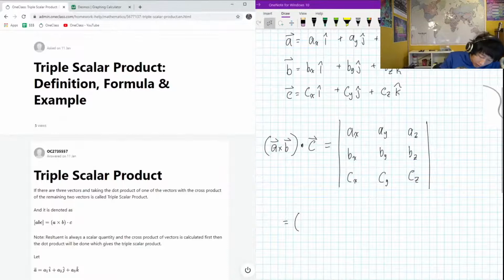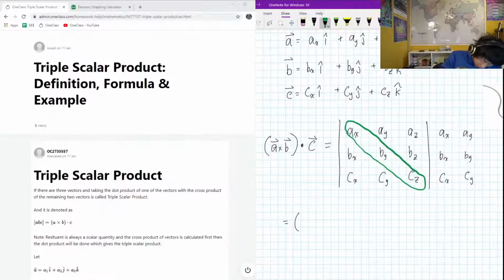Oftentimes it's a little bit helpful to draw out your columns out here as well. AX and AY, BX and BY, CX and CY. This can make things a lot easier. So essentially we want to have these multiplied like this.